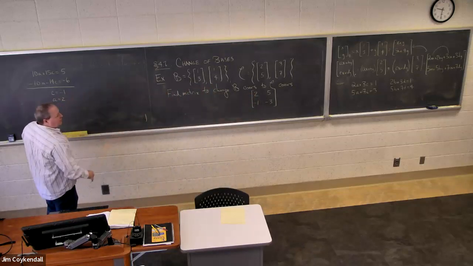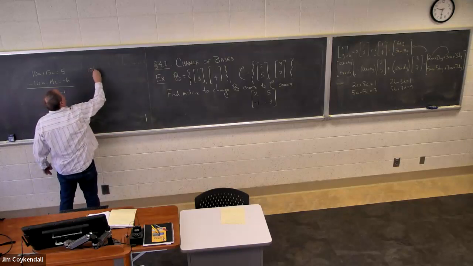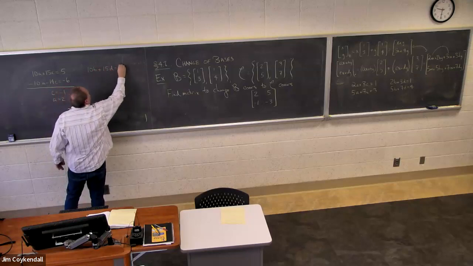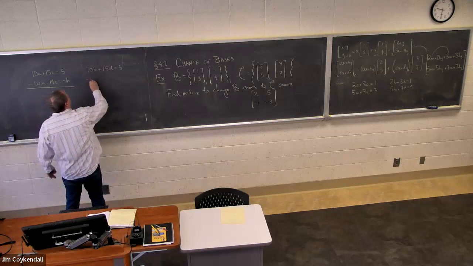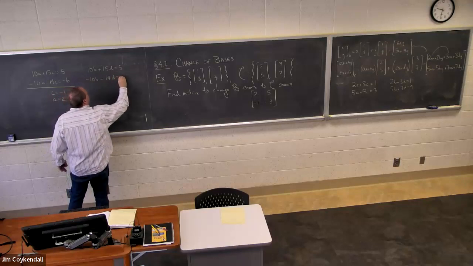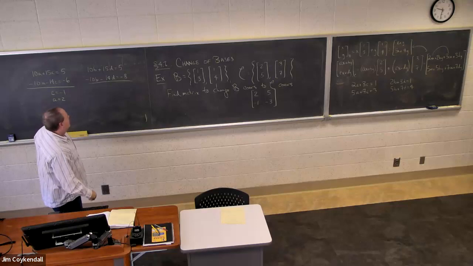You get the same thing going on with the other ones. Again, I'll multiply the first equation over there on the right by 5. I get 10B plus 15D is equal to 5 again. And minus 10B minus 14D is equal to -8.